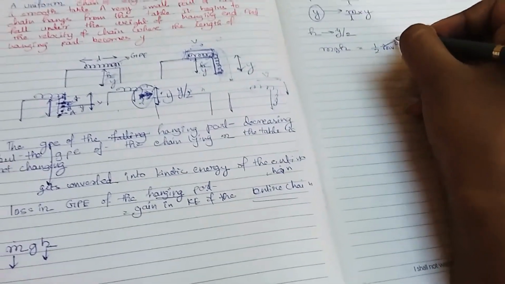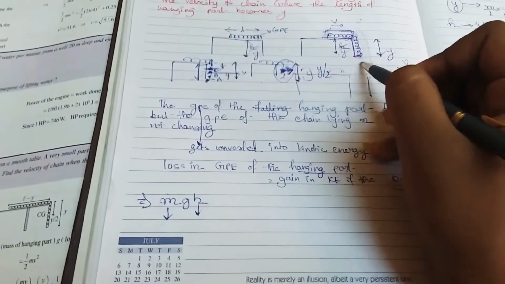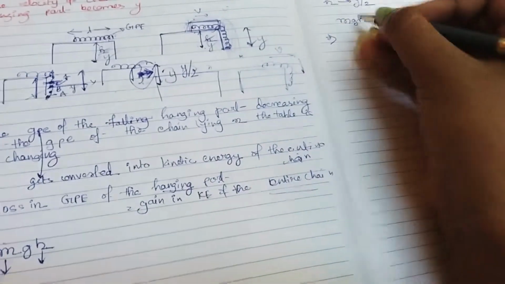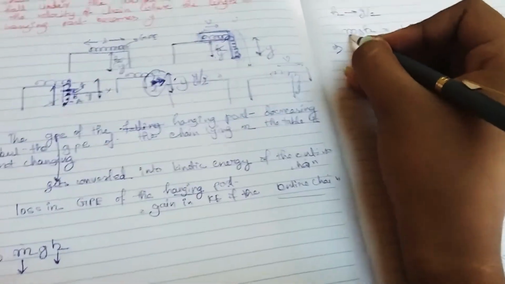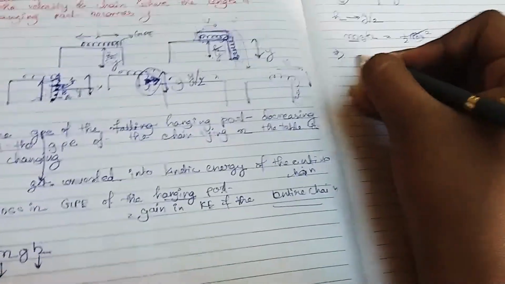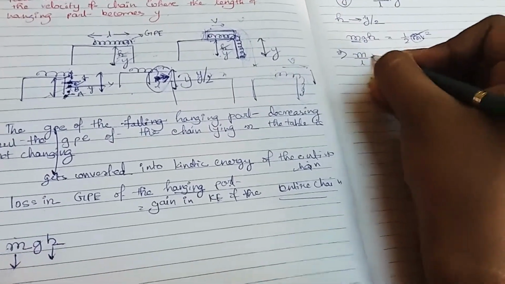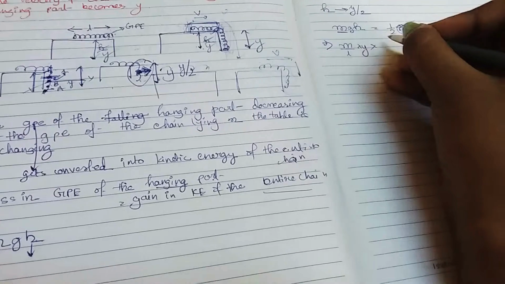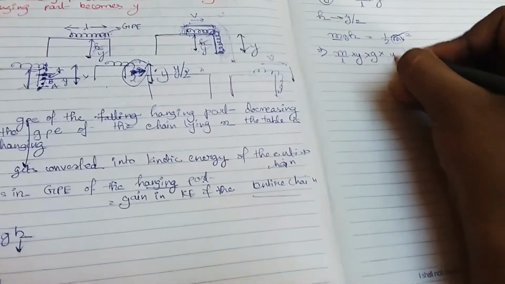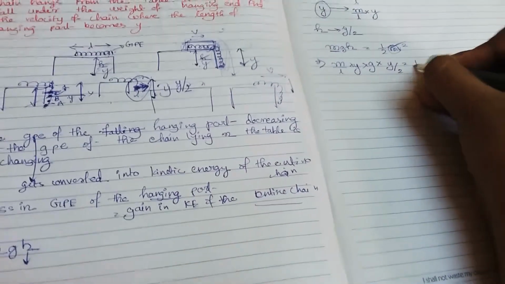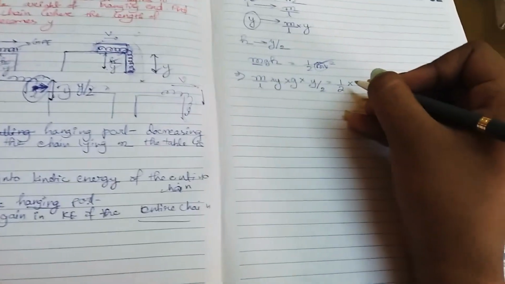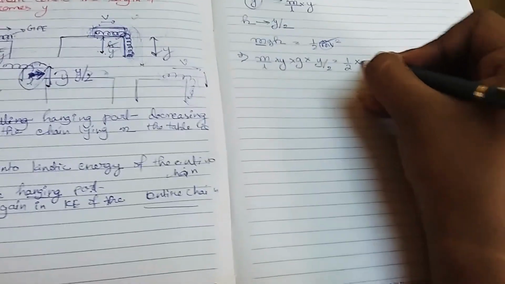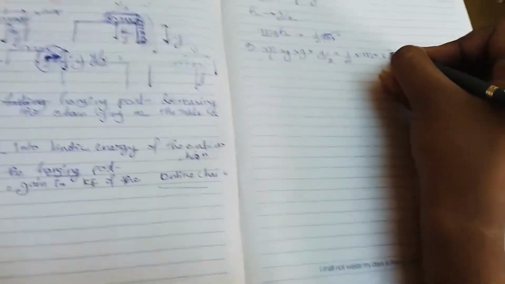That's why this mass will remain M. But the mass on the other side won't be M. It will be M by L into y, into g into h, which is y by 2. Equals half into M into v square. M will remain the same. V square we have to find out.